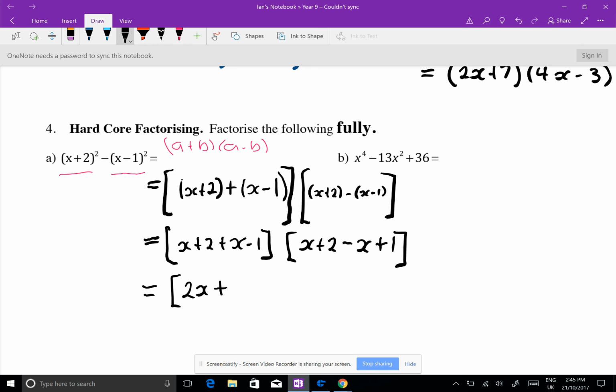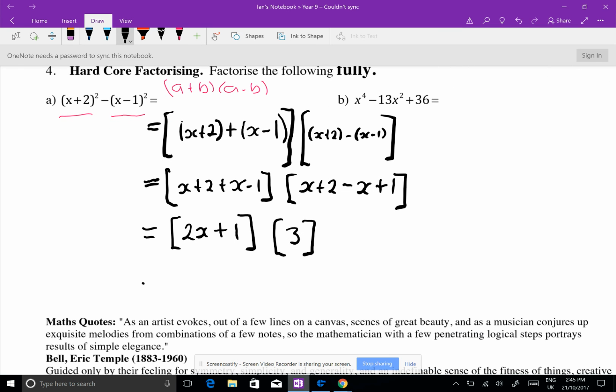That's going to be 2x plus 1. x minus x, hey, that goes. And plus 2 plus 1, that just gives me 3. I don't need the bracket anymore. I can just write 3 times 2x plus 1.